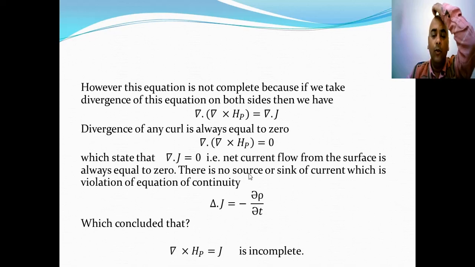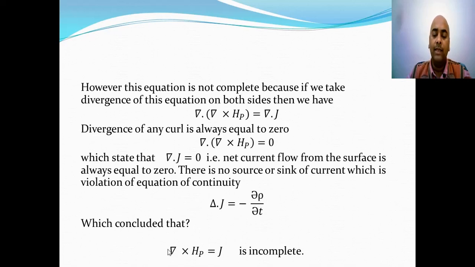There is no source or sink of current, which is a violation of the equation of continuity, which states that divergence of J is equal to minus ∂ρ/∂t. So this is basically the continuity equation, where J is the current density and rho is the volume charge density.